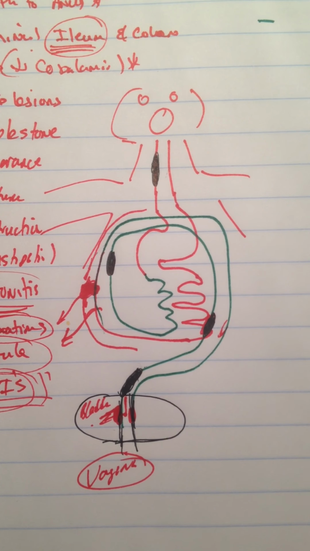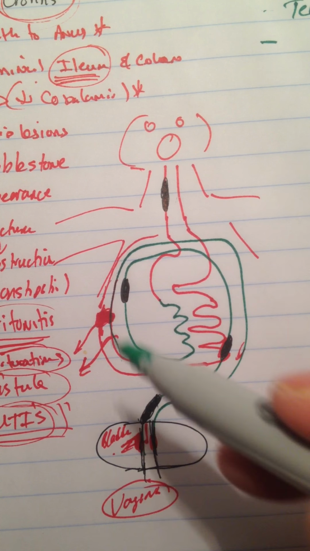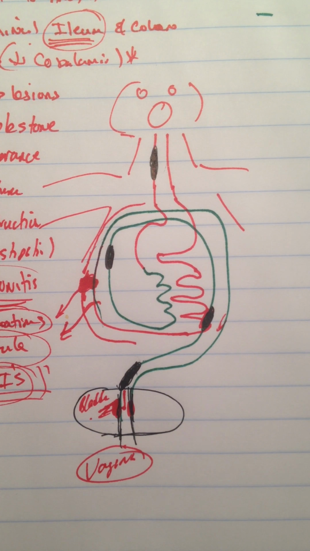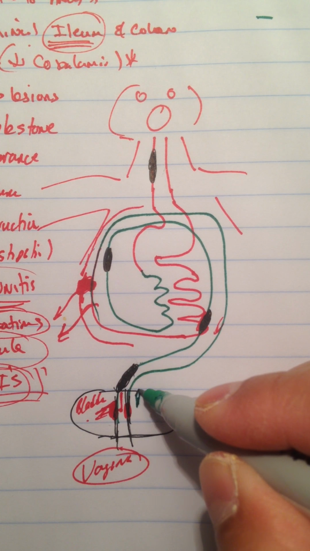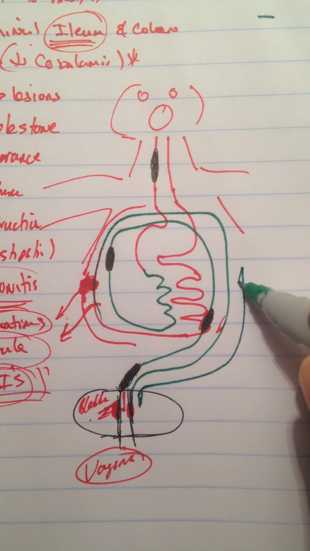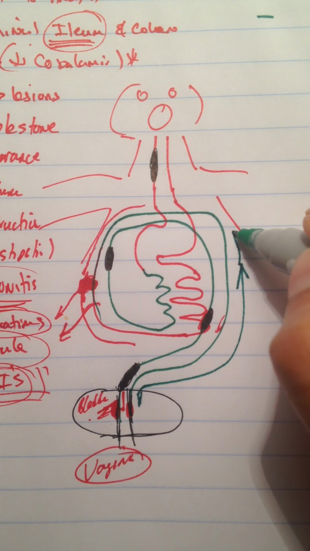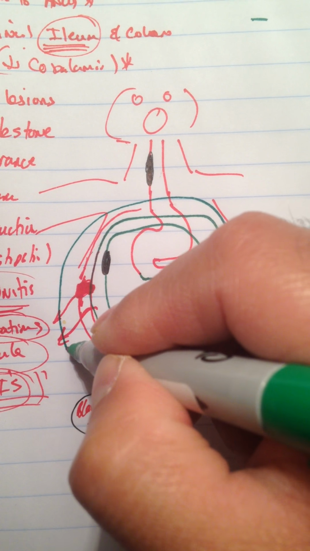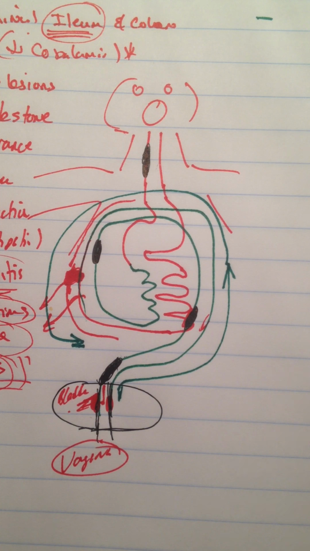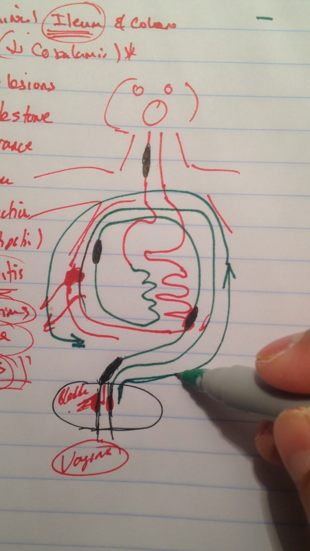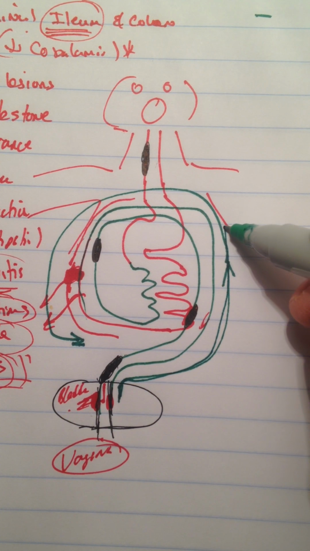Now, in Crohn's, we said it can occur anywhere. Well, in ulcerative colitis, it may start down here and begin to work its way up and come to here. So it has more of an organization.